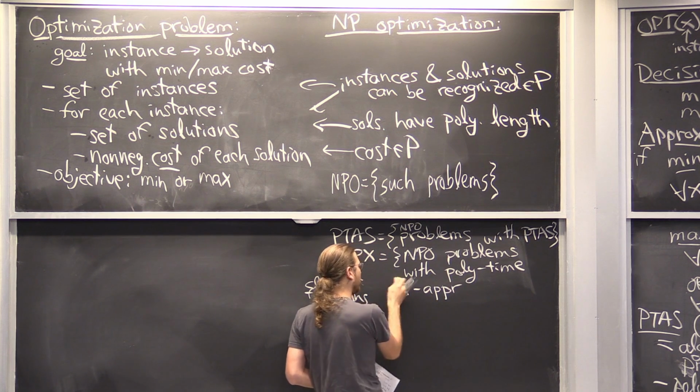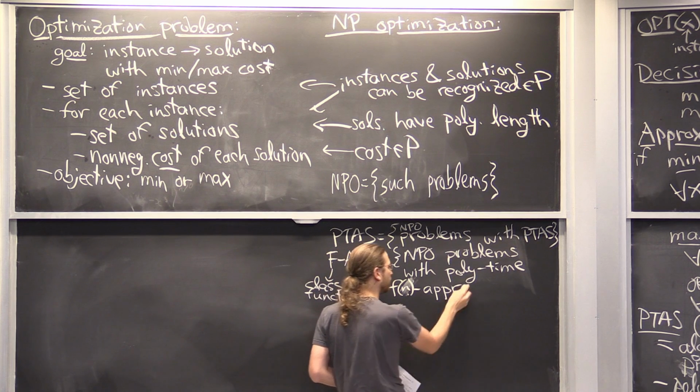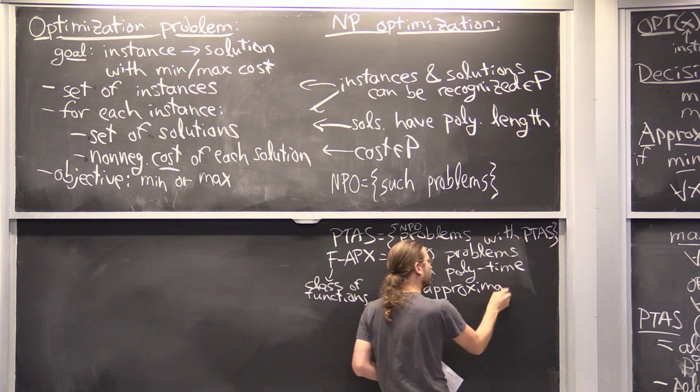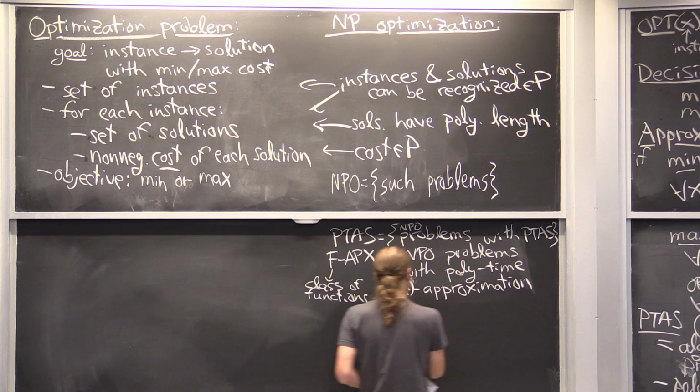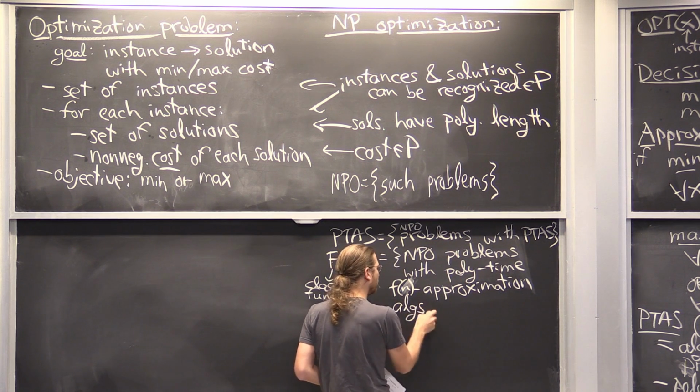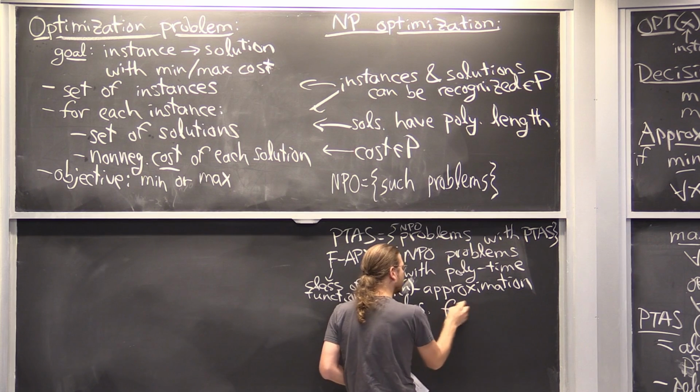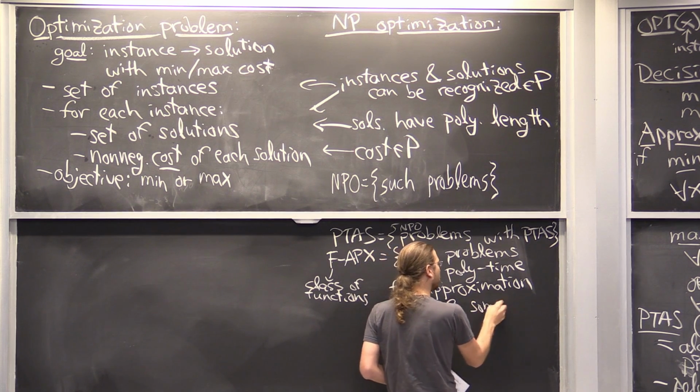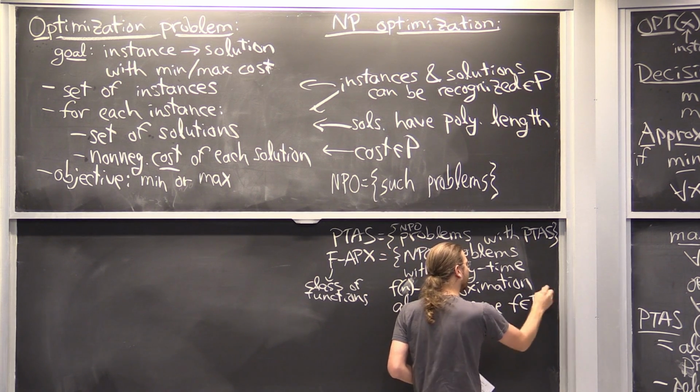So I'll write f of n to be clear what we're depending on, for some little f in the class big F.